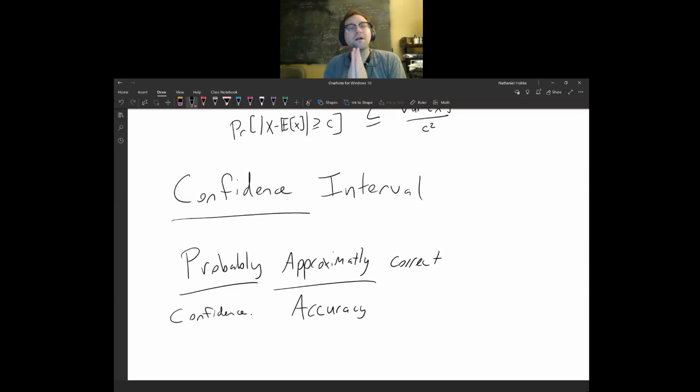Okay, a confidence interval. When people say, this is what will happen, I'm confident. How confident? I'm 95% confident that this thing is true. Or maybe I'm 50% confident.